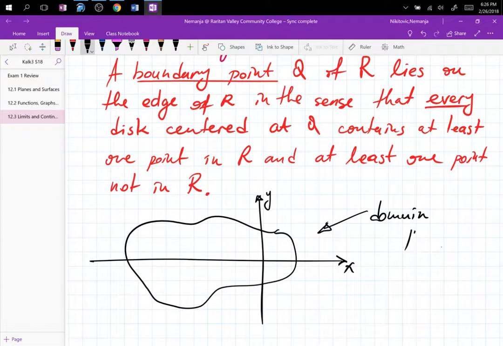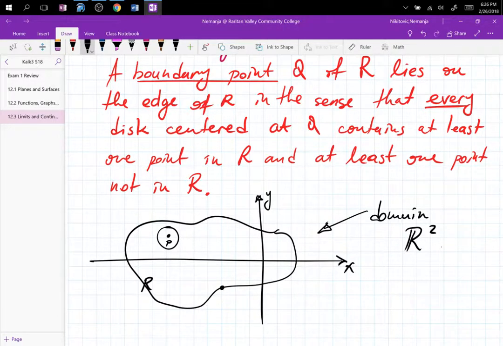It is R2 space, and this region is region R. So now I can find the point P somewhere and call that an interior point, because I am able to draw a disk, right? I can draw a smaller disk, I can draw a larger disk, but I am able to draw a disk that is not going out of the region R. All right?